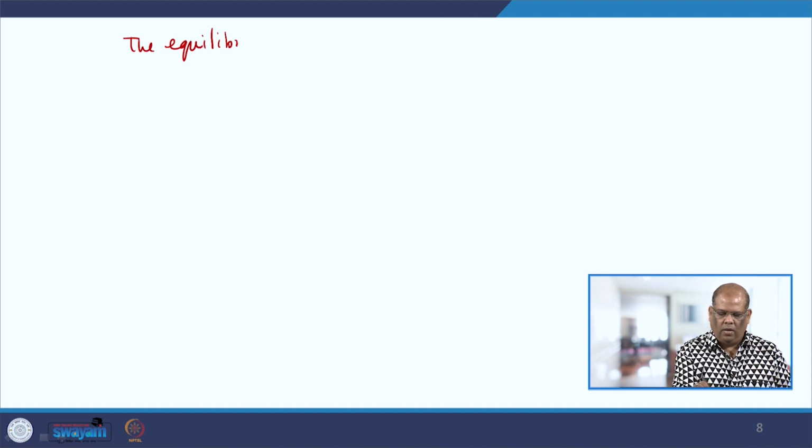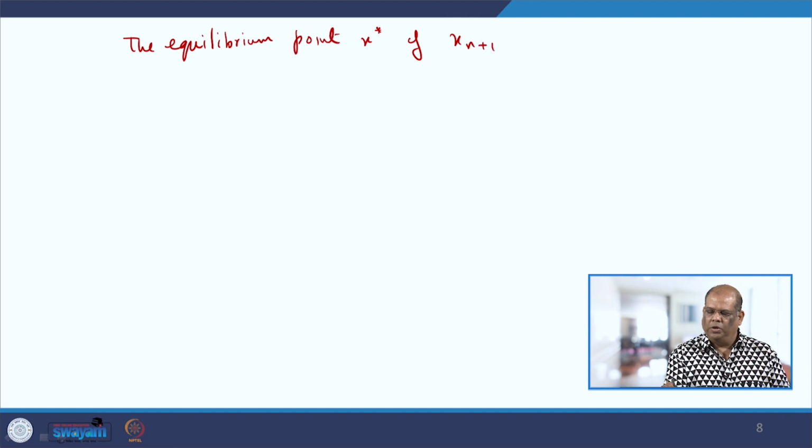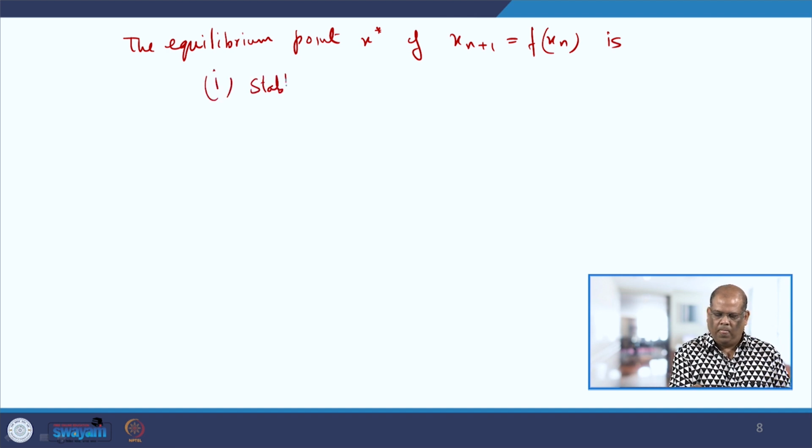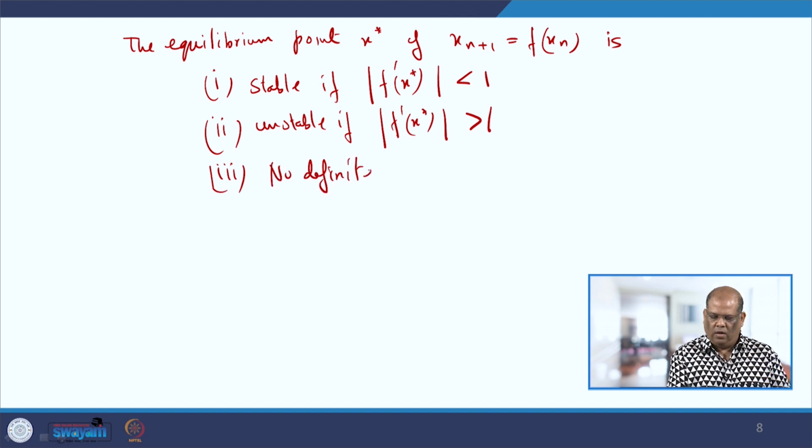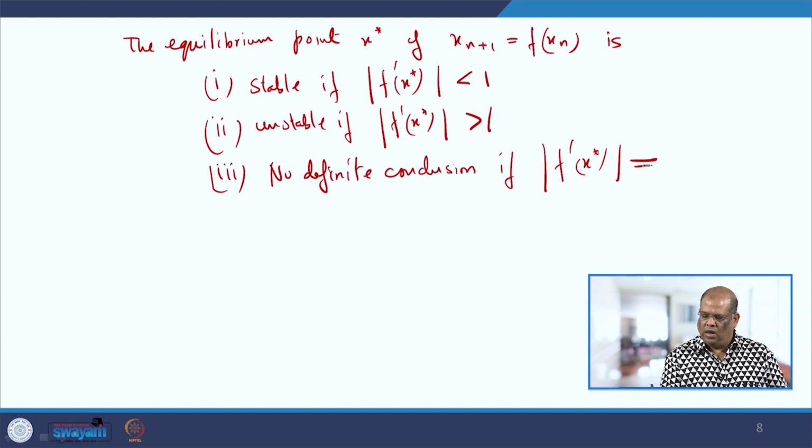So, the theorem is that the equilibrium point x star of the nonlinear equation x n plus 1 equal to f of x n is stable if mod of f dash x star is less than 1 and unstable if mod of f dash x star is greater than 1, and there is no definite conclusion if mod of f dash x star is equal to 1.